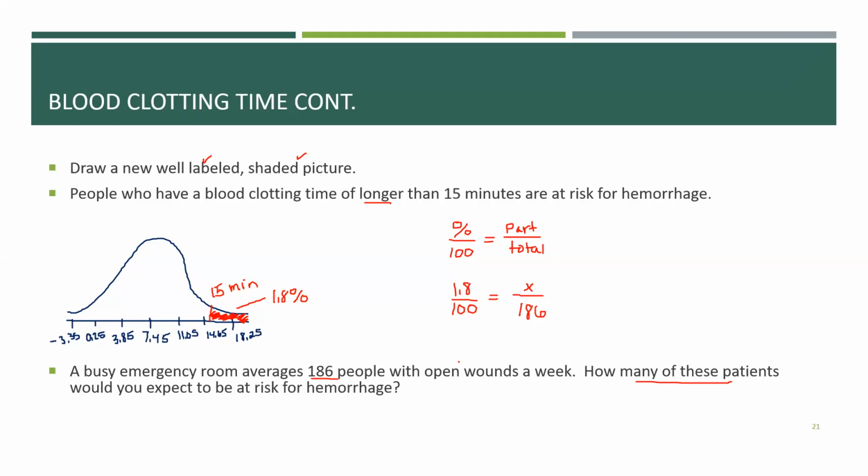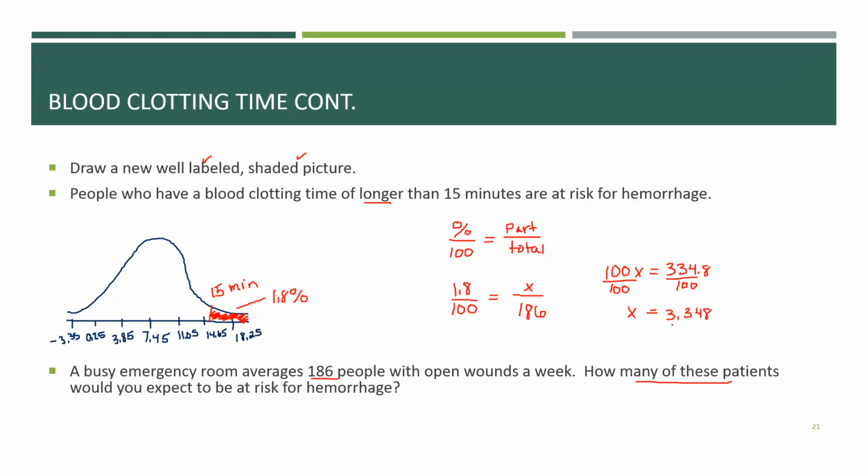So I solve this by cross multiplying. I take 1.8 times 186, and so that gives me 100x is equal to 334.8. And then I divide both sides by 100. So x equals 3.348.